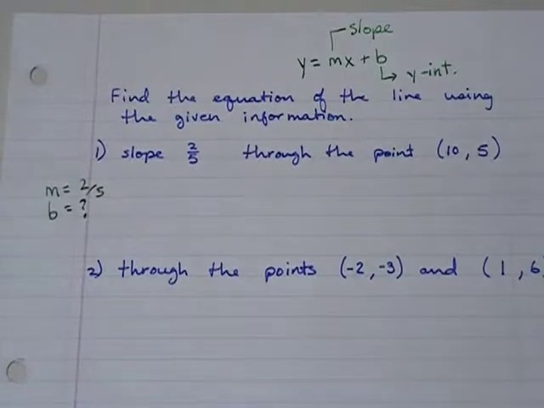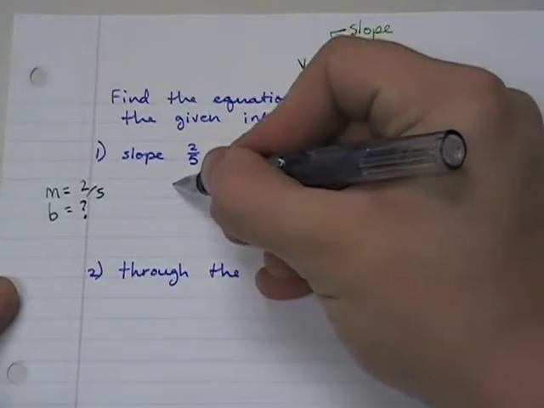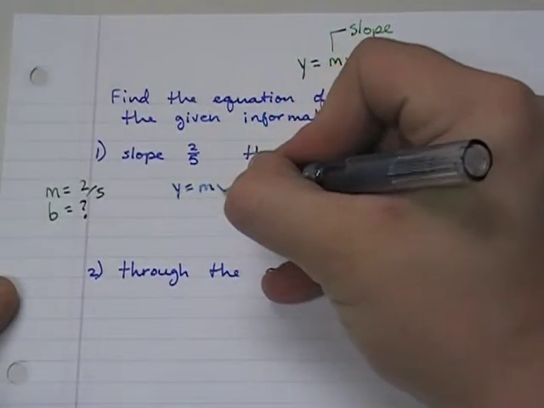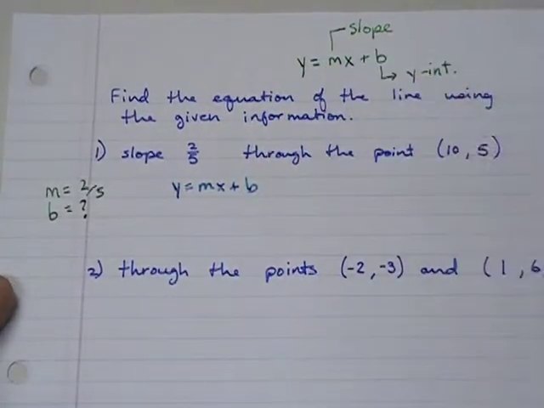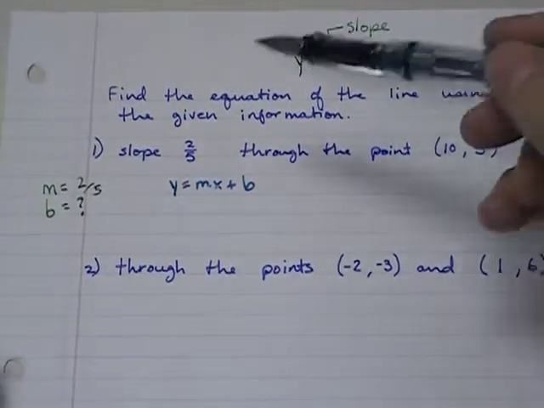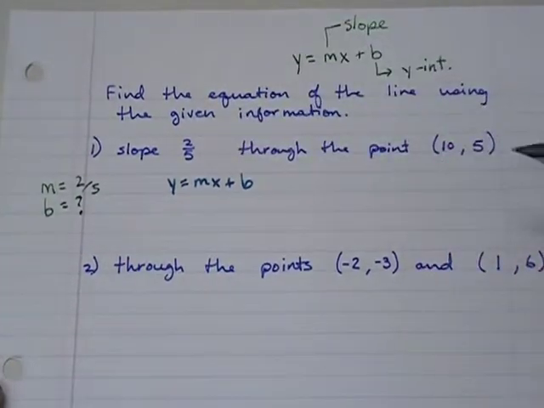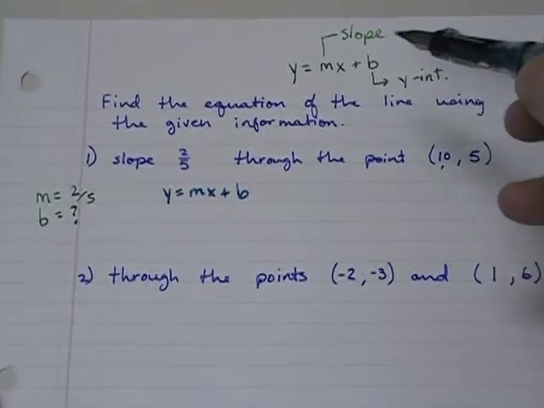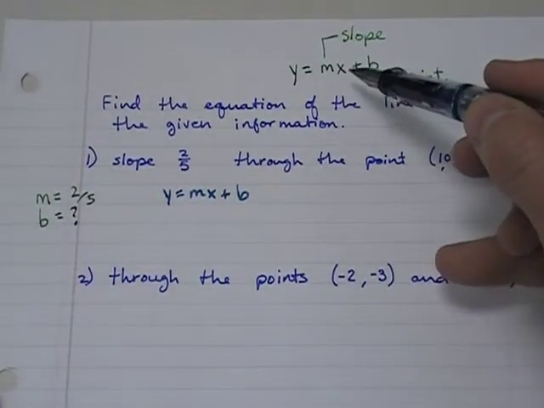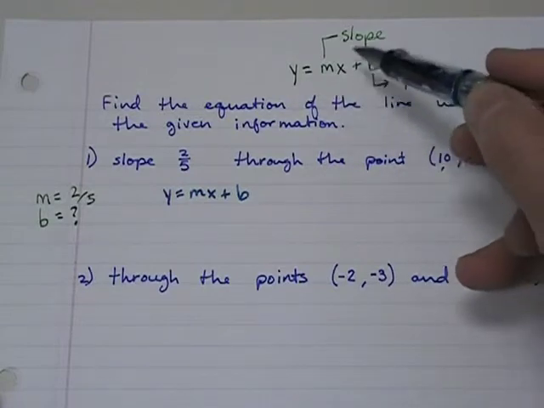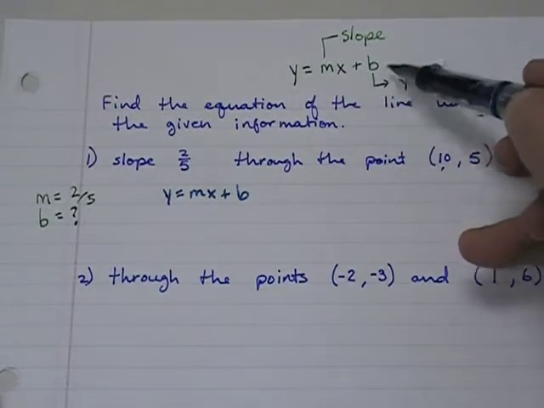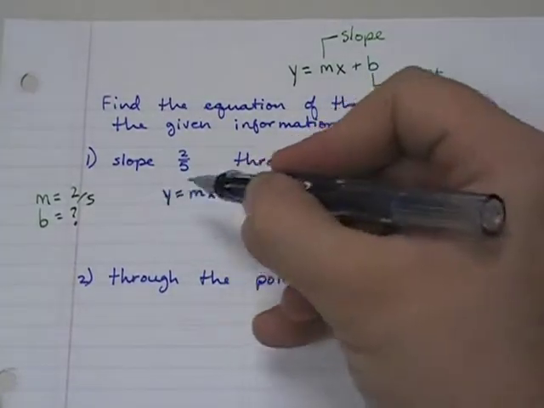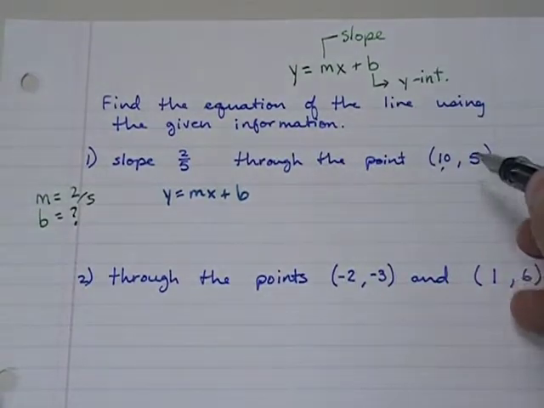Okay, well, to do this very simply, we write out our generic equation. Y equals mx plus b. And basically, I look at this problem, they gave me m, and they gave me an x and a y. They gave me y, m, and x. They gave me 3 things. The only thing left is to find b. So I plug those in. Y is 5.